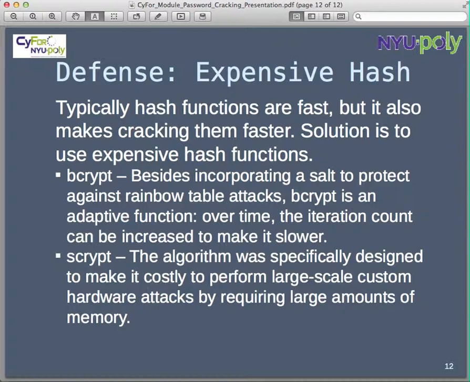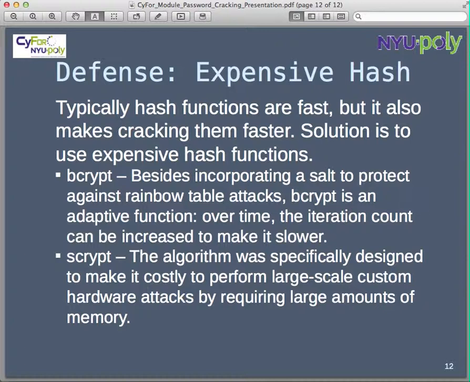A couple of algorithms have been proposed. There's something called bcrypt, which not only incorporates a salt, but also uses an adaptive function, which means that over time you can tune the function to execute slower.